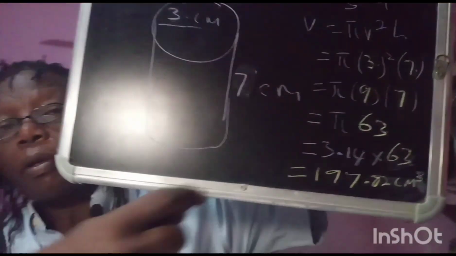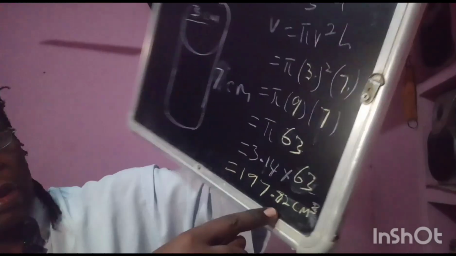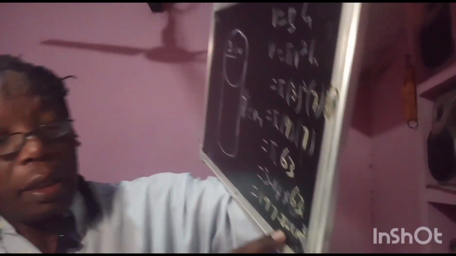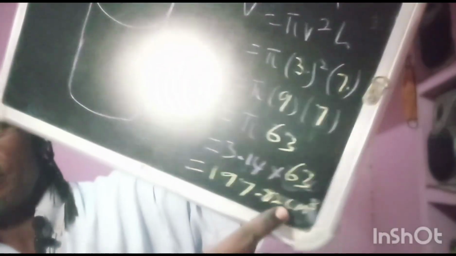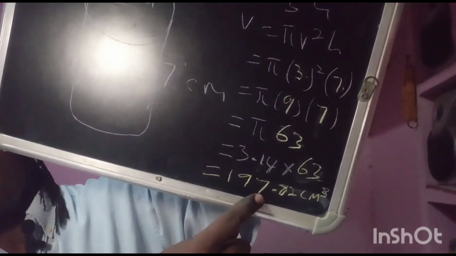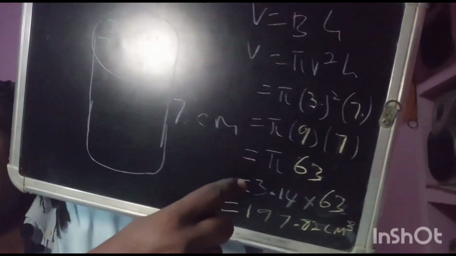It will be 197.82 centimeter cubed. Right down here, 197.82 centimeter cubed, because we are finding the volume. I just change the values, and you can change the values continuously.